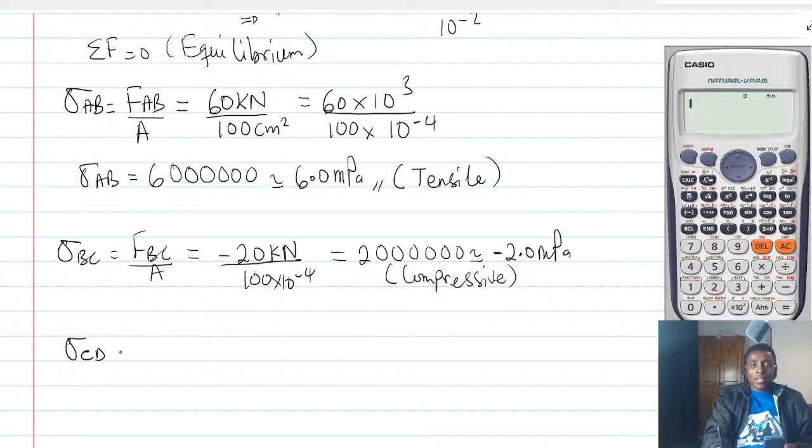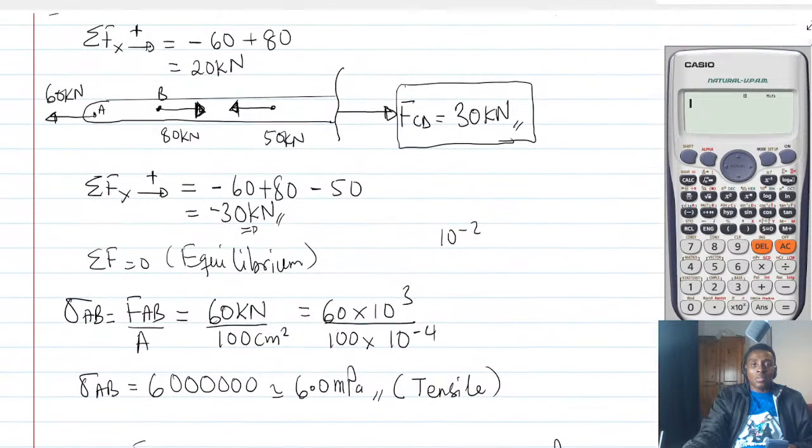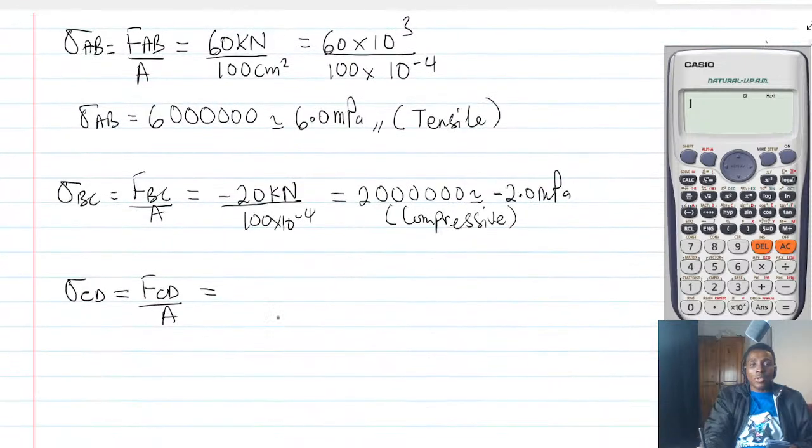And then sigma CD. Alright? So sigma CD is FCD divided by the area, which is 30 kilonewtons.